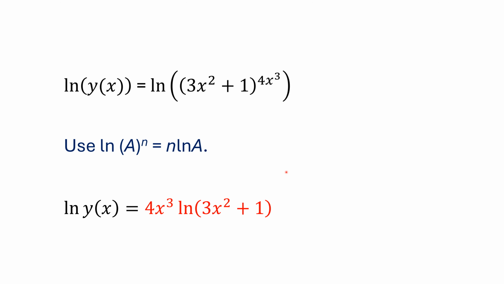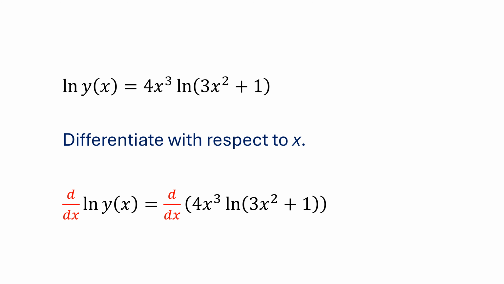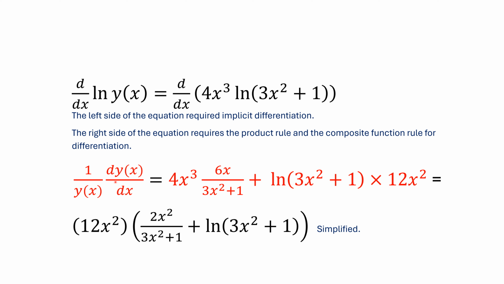and again, we bring the power down. In this case, it's 4x cubed. Then we will take the derivative of each side. So we end up with, again, 1 over y dy dx, just like we had been doing in the past. On the other side over here, we end up with the derivative of a product, 4x cubed times the log of 3x squared plus 1.